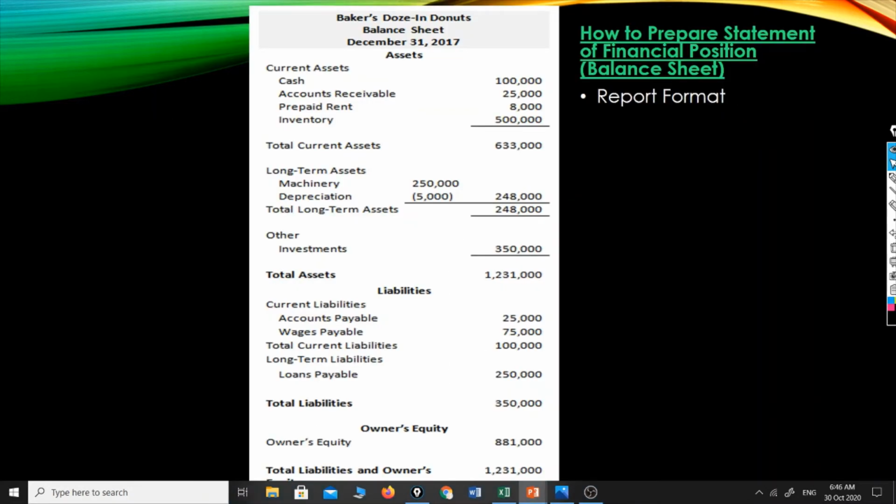Okay, the second format for the financial position is the report format. Okay, we call this one report format. You just lay down all the information vertically from the asset, liability, and owner's equity. So vertically, you will see here all the related financial elements that are relevant for the preparation of a balance sheet.